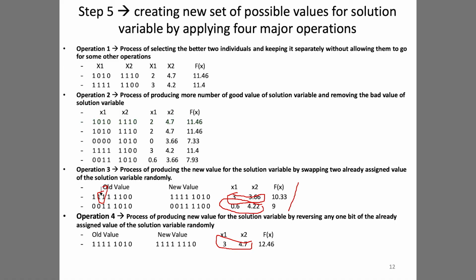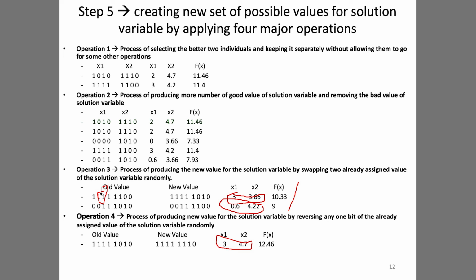Then operation 2. What is this operation 2? Operation 2 is giving more opportunity to good values, or giving less opportunity to the lesser values. If you look at this slide, 11.4 is a better value, 11.46 is a better value, 7.93 is a better value, but 5.66 is a poor value.